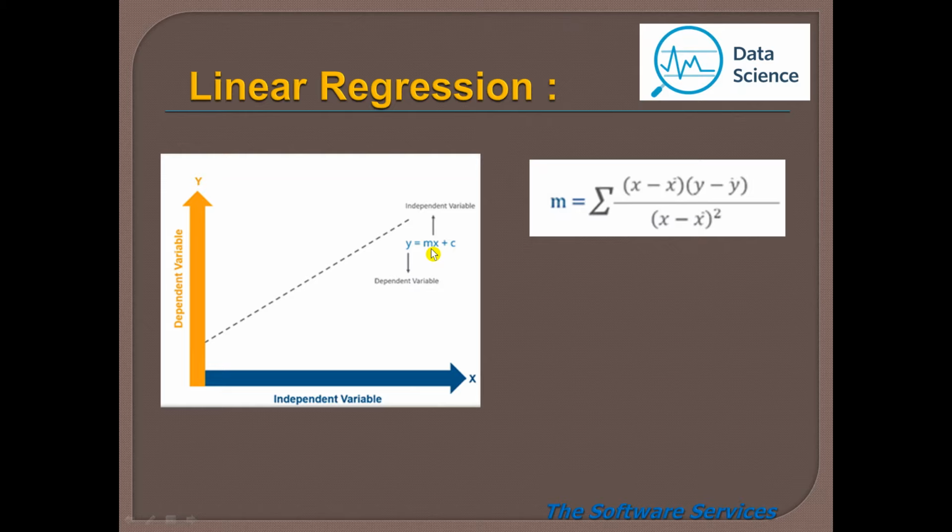How the model learns m is by this formula: sum of (x minus x mean) into (y minus y mean), divided by the sum of (x minus x mean) whole square. There is a bar on top of x and y, so that is the mean. We have several values in the x variable, that is the total bill variable.